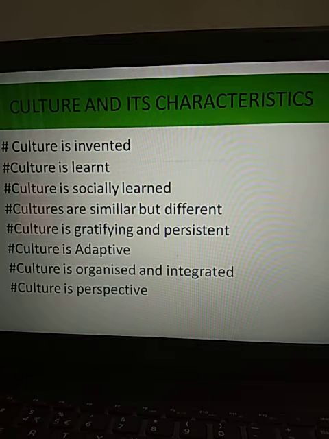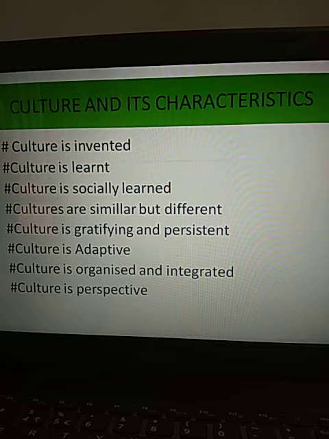The next generation will be observing their previous generation's habits, their ideologies, their decision making habits. Based upon that, the culture is going to be learned. While learning, so many questions will arise. Based upon that, the needs are going to be satisfied.